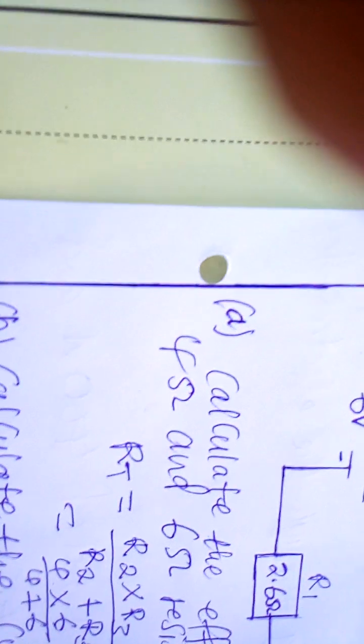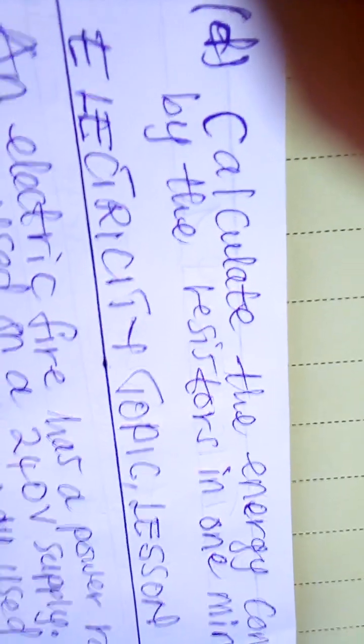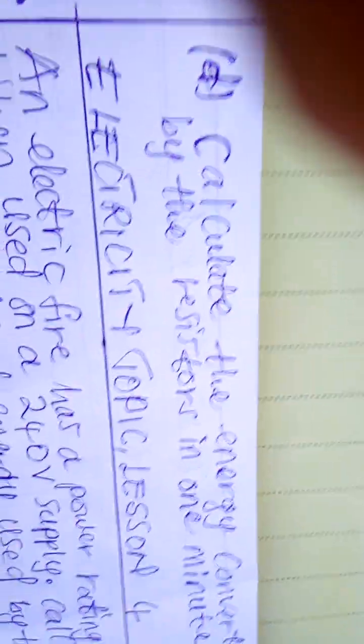So this is the question. Now we have been able to calculate the power. As you can see, this is how the answer looks. Let's now do the last question. The last question is question D, which says calculate the energy converted by the resistors in 1 minute.